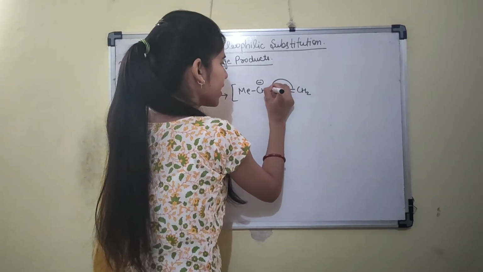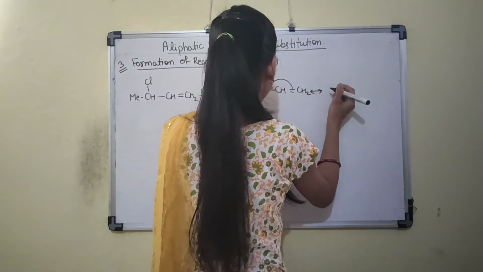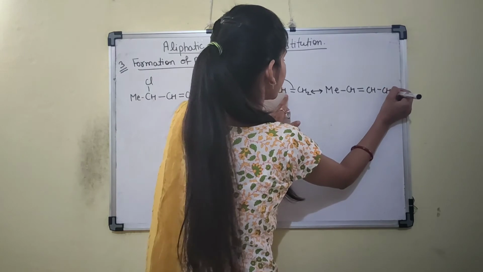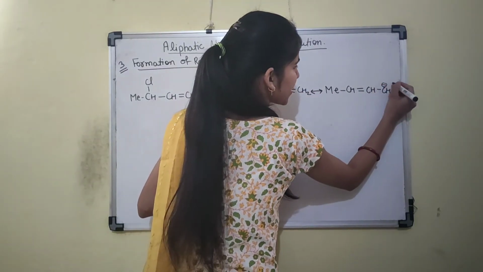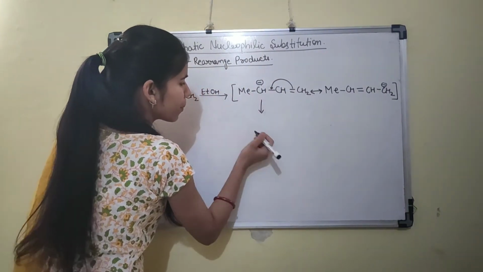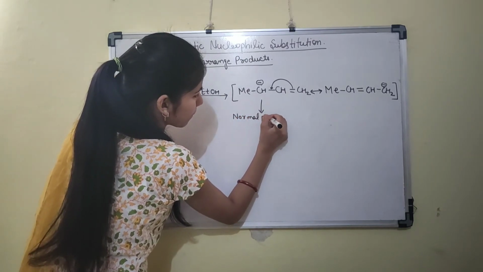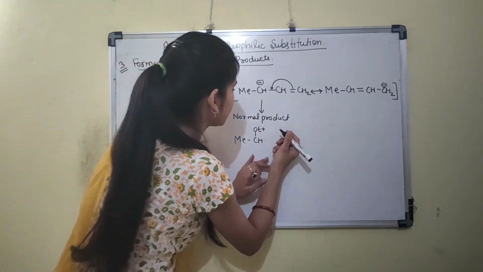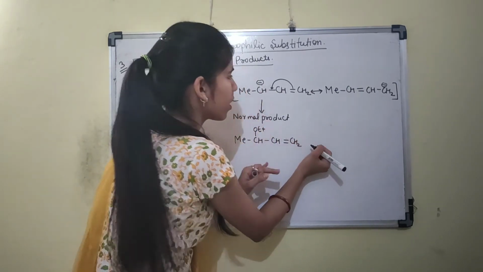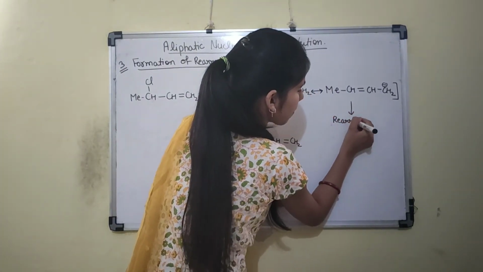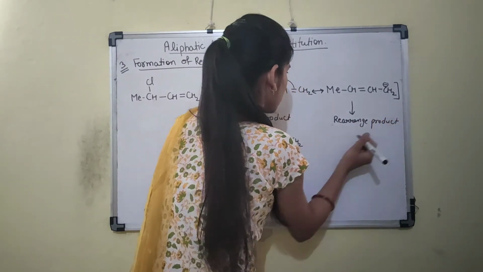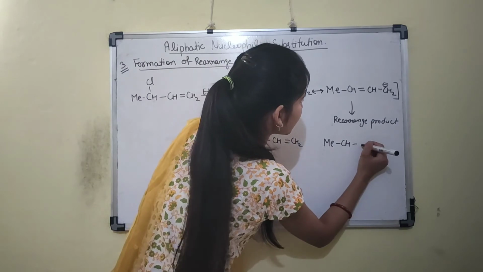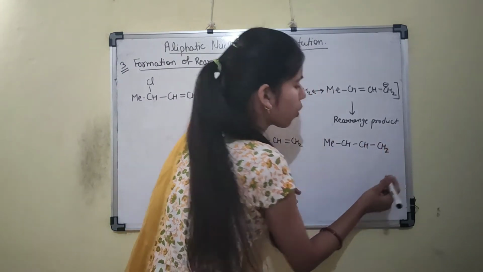If this double bond is rearranged, a rearranged product is obtained, that is MeCH double bond CH single bond CH2 positive. From the normal carbocation the normal product is obtained, that is MeCH OEt CH double bond CH2, and from the rearranged one the rearranged product is obtained, MeCH double bond CH CH2 OEt.